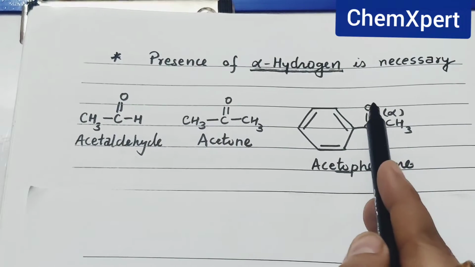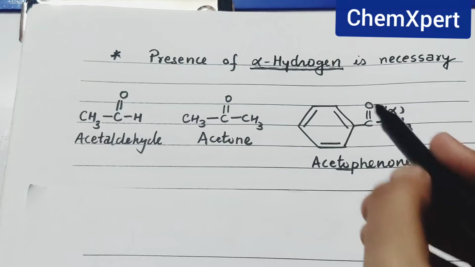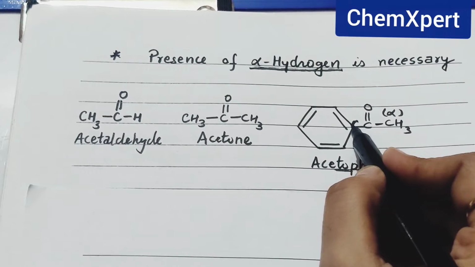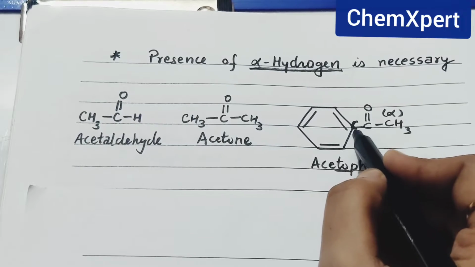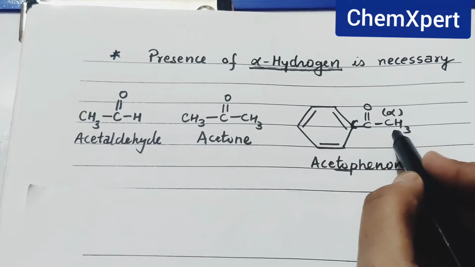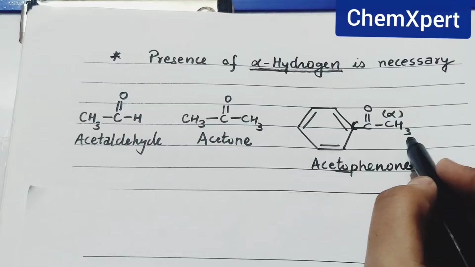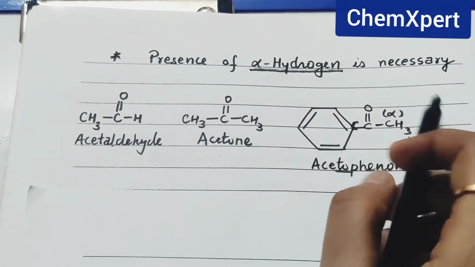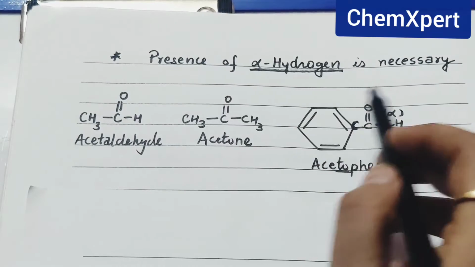Here this is the functional group, attached to 2 carbons, first carbon here and second carbon here. Now count the bonds, 1 2 3 4, so there is no hydrogen present here, but towards this side hydrogen is present, so alpha hydrogen is present here, so it can easily show keto enol tautomerism.